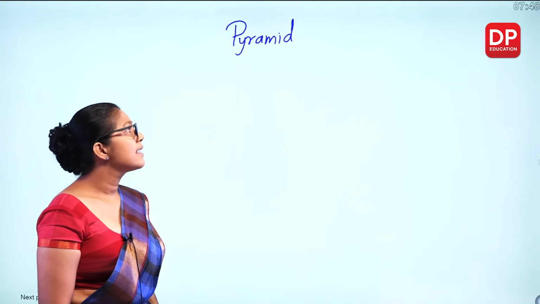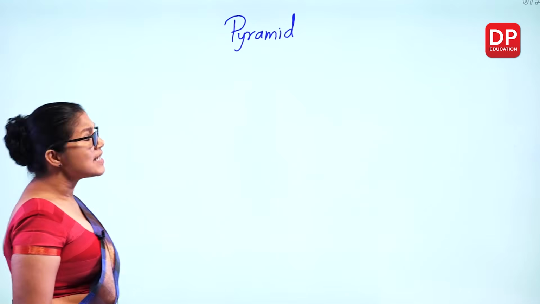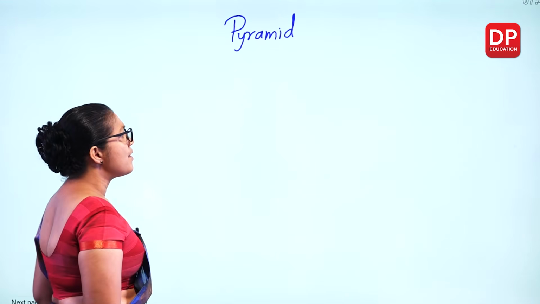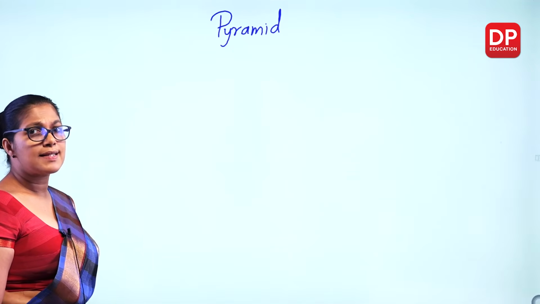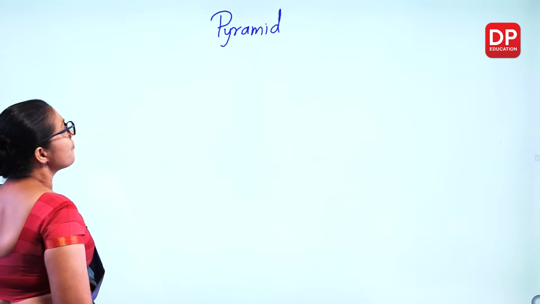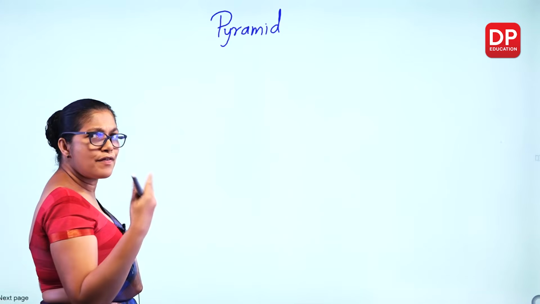Now we'll take the next shape as pyramid. So what is a pyramid means? Pyramid is different to prism that we discussed last year. So here, pyramid, you can get base as different shapes.